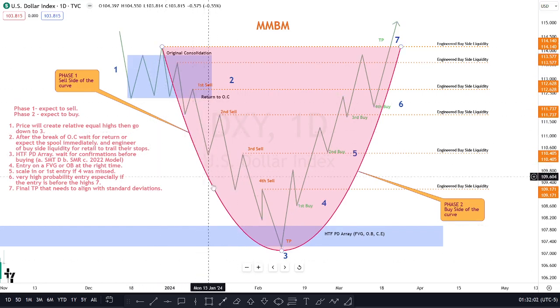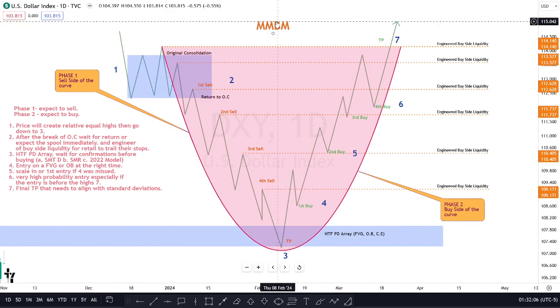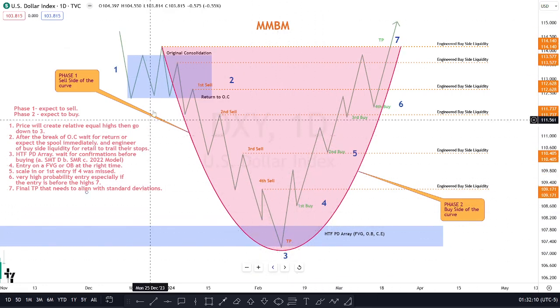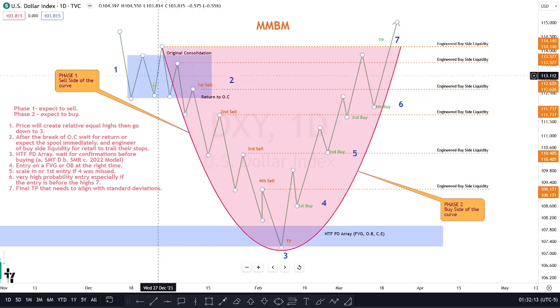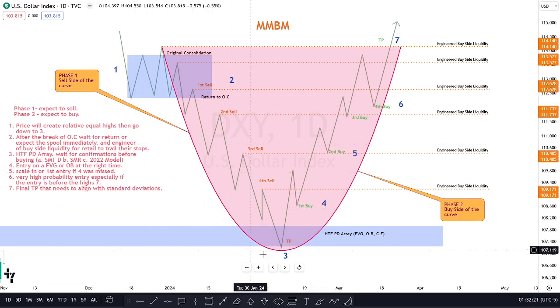Wait for sells to occur, then take advantage of the buy, because this is a buy. This is where everything is occurring right here. You can take advantage of this if you can identify it at an early stage, on the sell side of the curve, and try to capitalize.